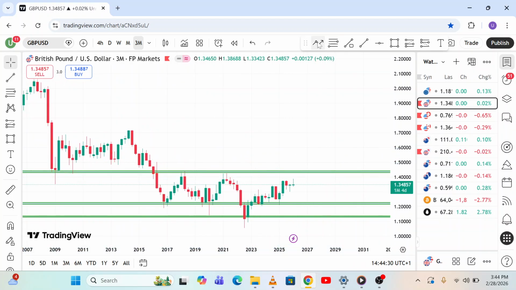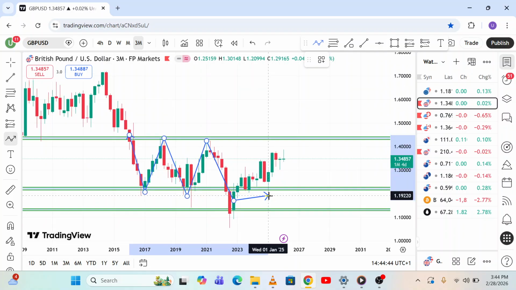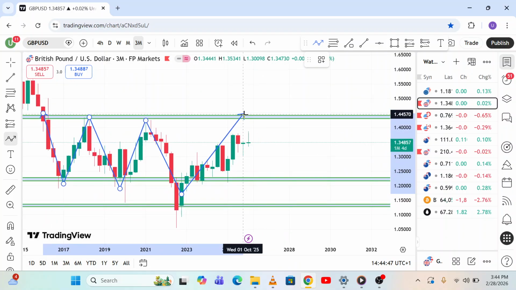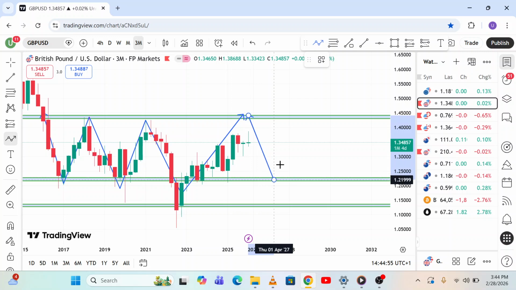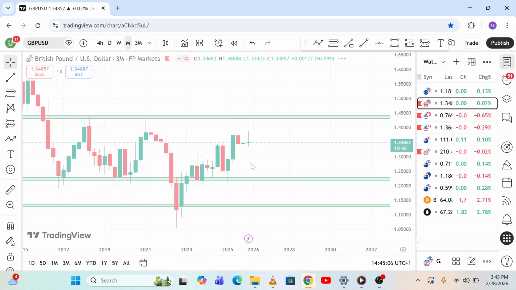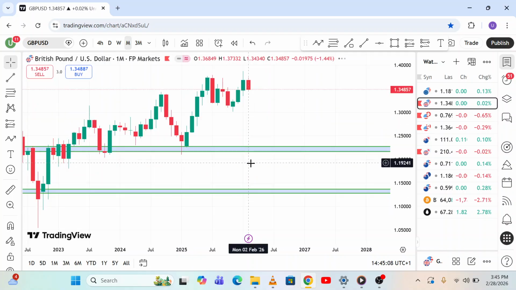Here we have had higher low, higher high, equal low, equal high, lower low, higher low, and so we are not sure if the market will come there to complete this higher high on this upper 3-month level. And after completing it, we can expect that the market can come back here to continue this consolidation mode. Okay, let us go to a lower time frame, the monthly time frame, to see if the market is doing what we expect.